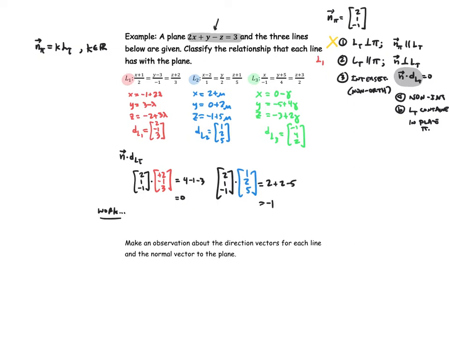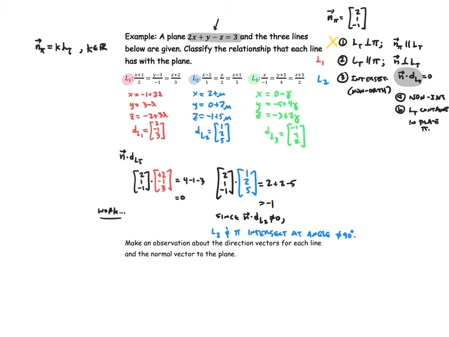Since the normal dotted with the direction vector of line 2 is not equal to 0, then we know that L2 and pi intersect at a non-orthogonal angle, an angle not equal to 90. Okay, easy enough.